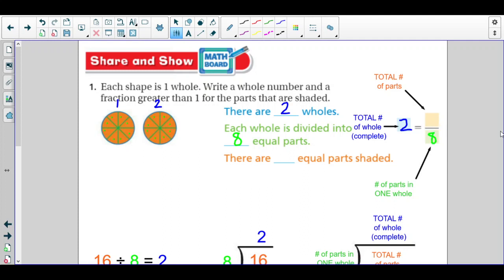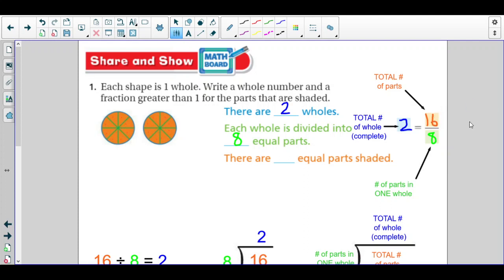And that's what went right here. Then we needed the total number of parts. So let's go ahead and get this erased right in here. So then we counted 1, 2, 3, 4, 5, 6, 7, 8, 9, 10, 11, 12, 13, 14, 15, 16. Okay, and so that was our total number right there.